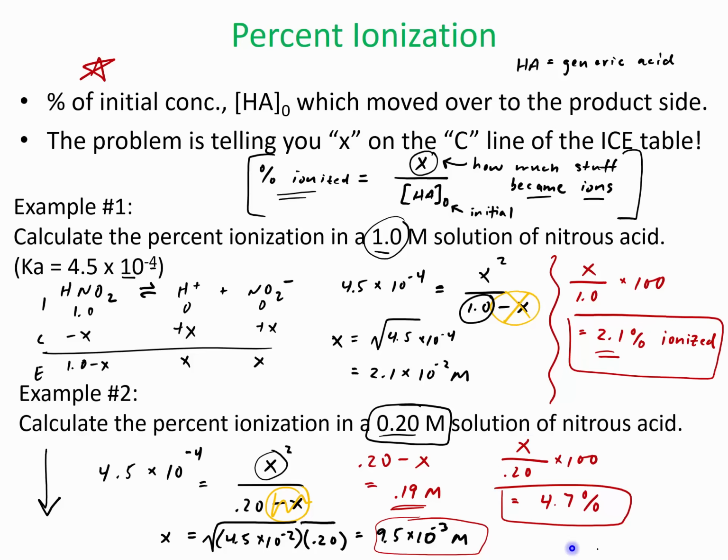So the more dilute, the more percent ionized it will become. So I'm going to generalize that and say the more dilute your sample, the more percent ionized it'll be. That's a conclusion we can make from doing this problem.